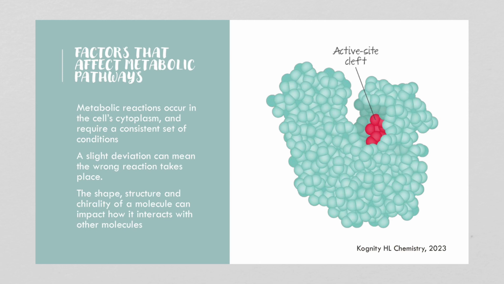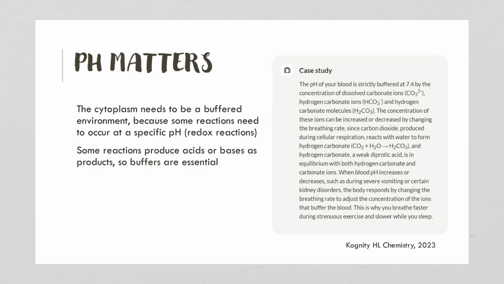There are a lot of things that will impact how a molecule will interact with other molecules. The shape of the molecule, when we think about enzymes and active sites, for instance, the structure, even the chirality of a molecule will impact how it interacts with other molecules.